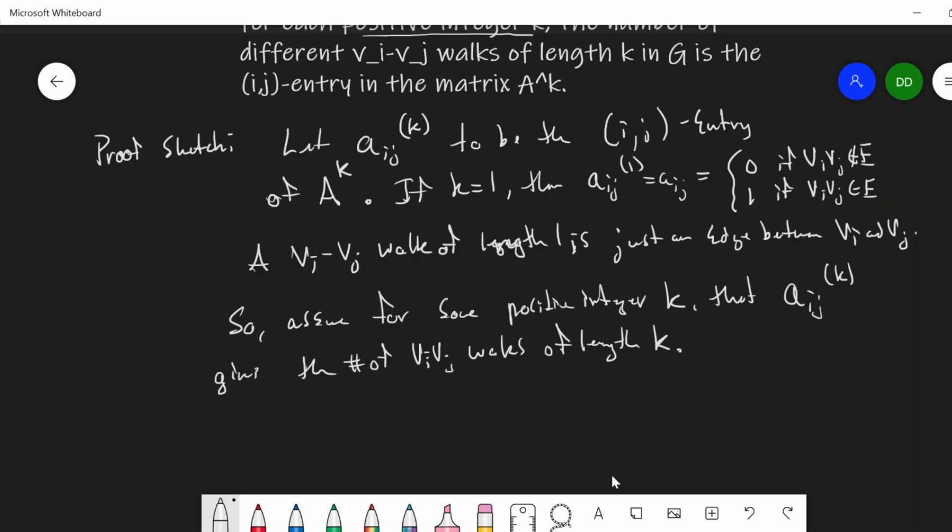And now we're going to show that the ij entry of A to the K plus 1 is the number of Vi-Vj walks of length K plus 1.